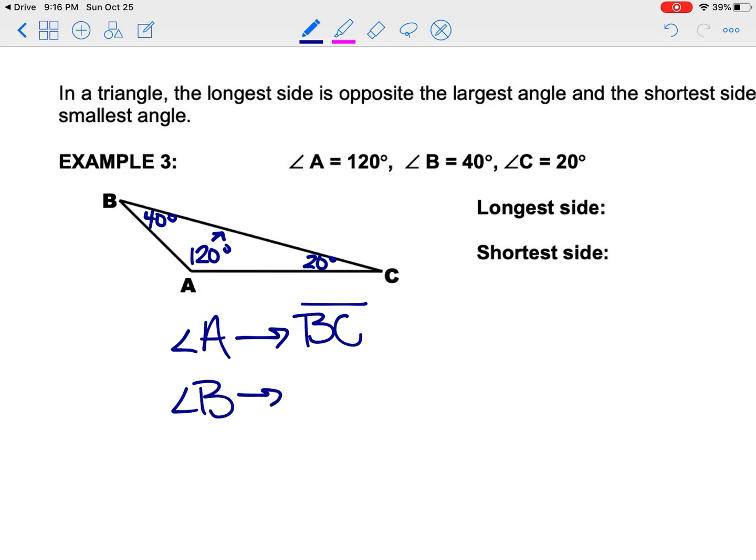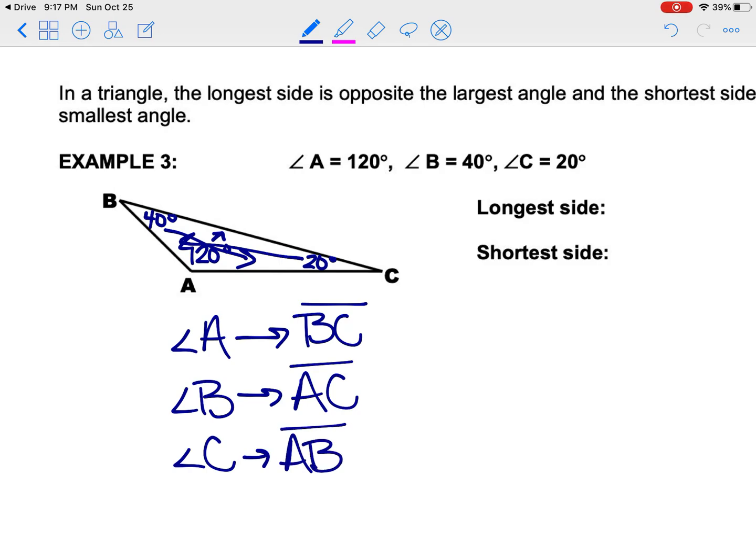Our next biggest angle is angle B, and if we go across this way, it is side AC across from that. And then our third side, our smallest side, which is across from angle C, would be side AB or BA, doesn't matter the order. And so this would list it out from greatest to smallest. So our longest side would be BC, and our shortest side would be AB.